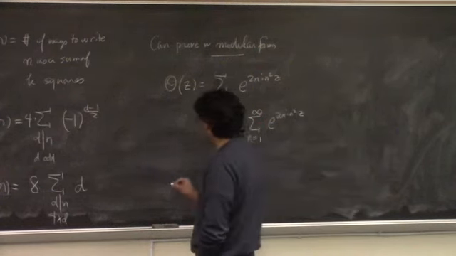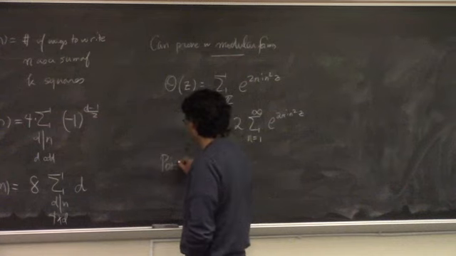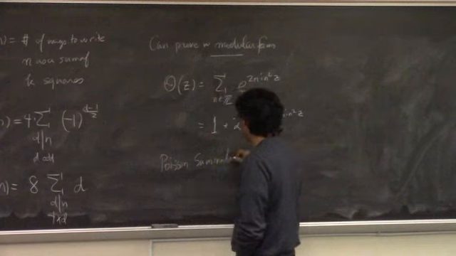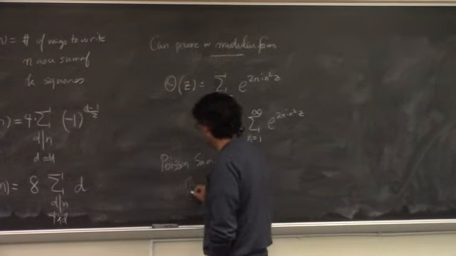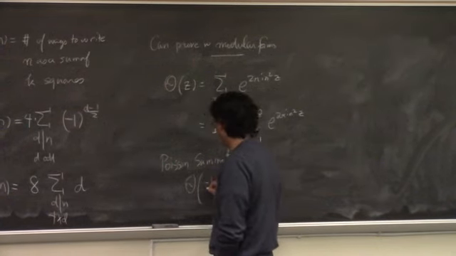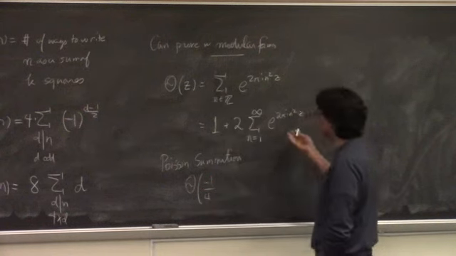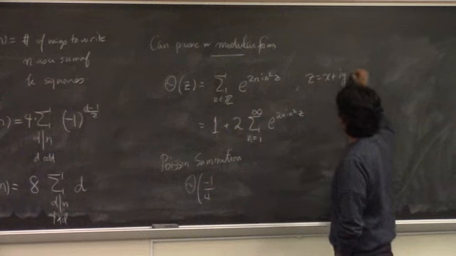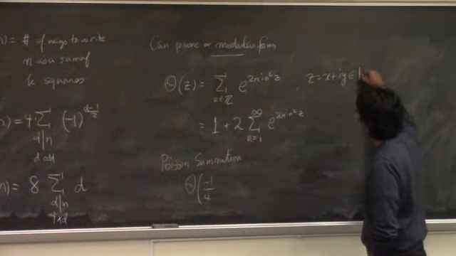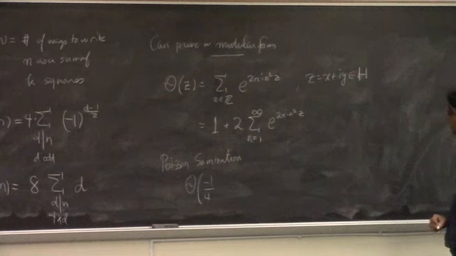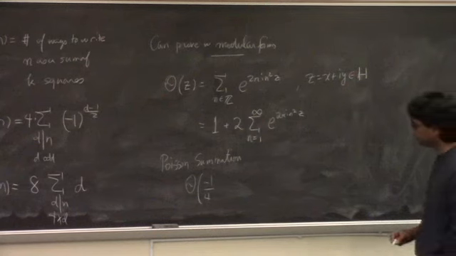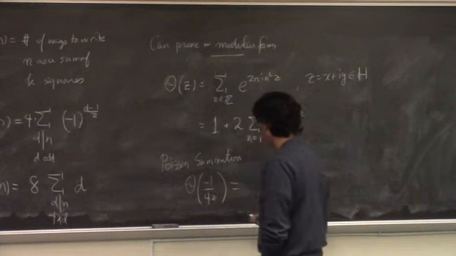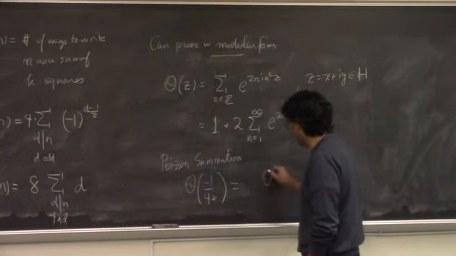By Poisson summation, you can see that, where z here is x plus iy in the complex upper half plane, so x is a real number and y is a positive real number, theta of -1/(4z) is equal to something times theta of z.